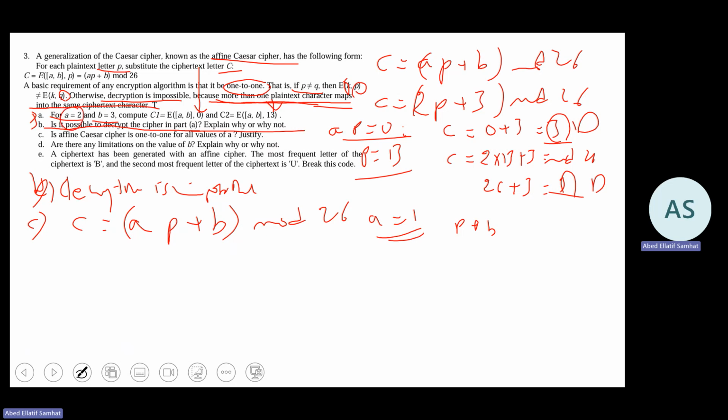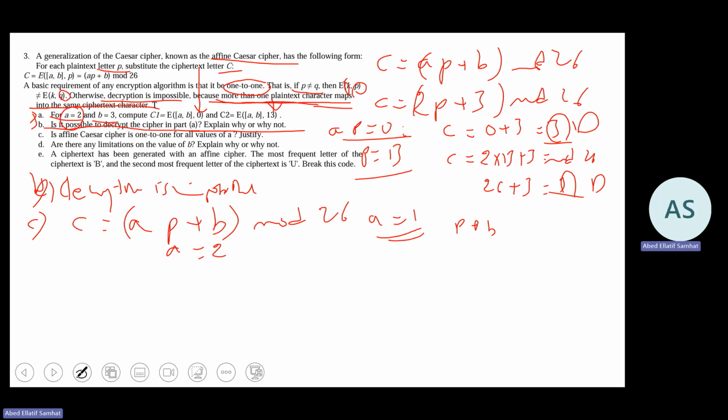So maybe I will ask you to try to see what the other values of A are that give a non-one-to-one mapping. Here I just gave you an example: A equal 2 is not one-to-one.